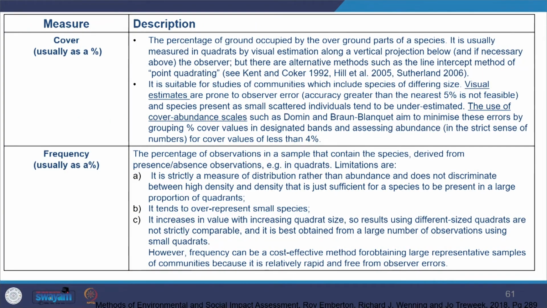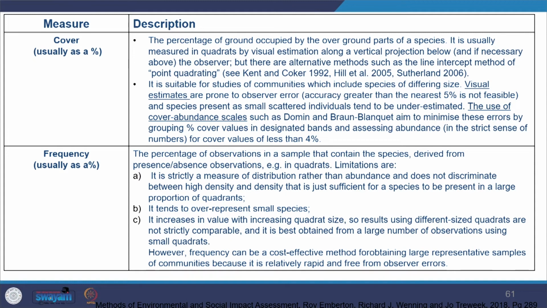The other measure is cover, which is usually given in percentage, like how much percentage of area is covered. So, the percentage of ground which is covered by certain species, like out of 100, 30% or 10% is covered by certain species. So that is how you give the cover, in the form of percentage.